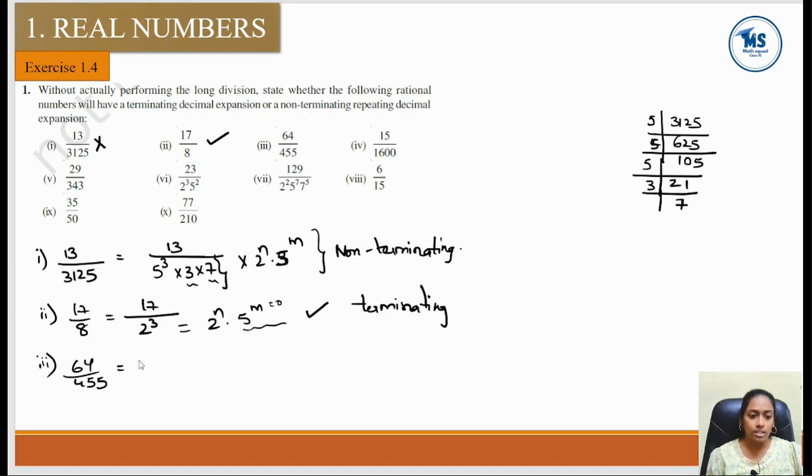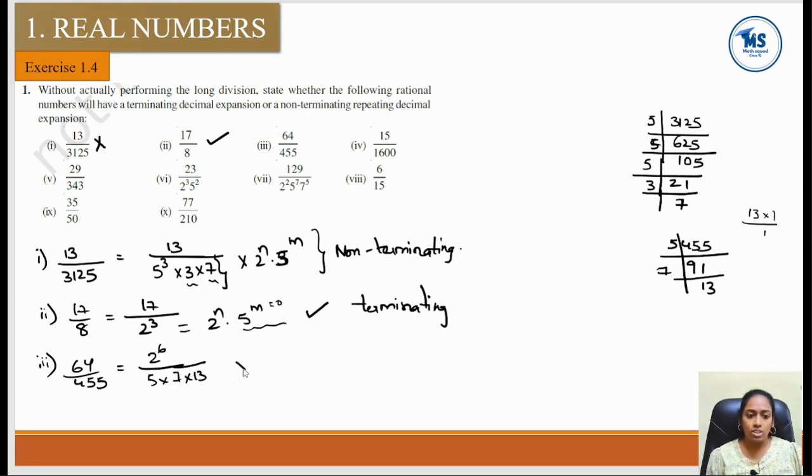Then the third question, 64 by 455. 64, you can write it as 2 cube into 2 cube, 2 power 6, by 455. I'll do this here, 5 9s are 45, 5 1s are 5. So 91 we have. 13 7s are 91. This is the prime factorization: 5 into 7 into 13.